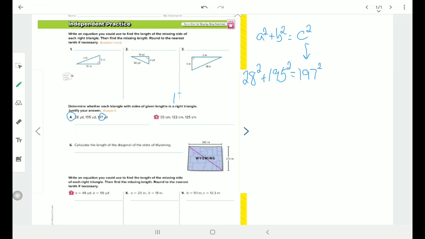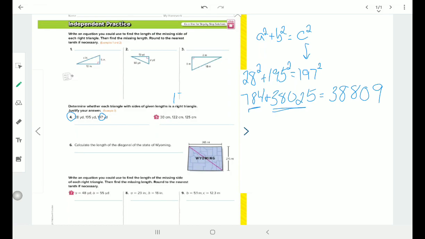In this case, 28 squared is 784 plus 195 squared is 38025, and 197 squared is 38809. Now I only have one last step: I have to add these two together.